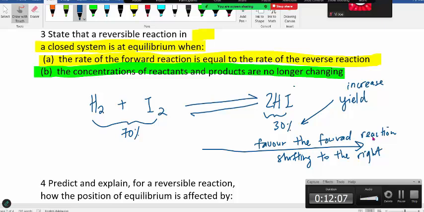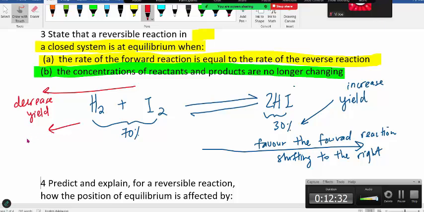Okay? So when I do something and I ask you, will it increase the yield or decrease the yield? Then you must tell me increase the yield. Why? Because doing this thing will favor the forward reaction. Now, if a reaction goes this way, it will decrease the yield.